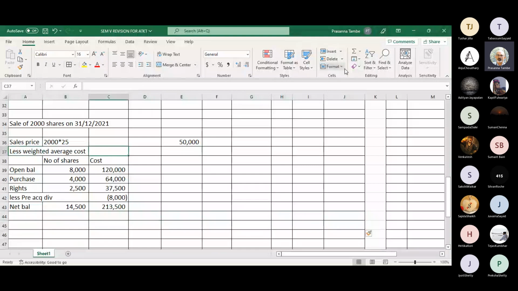Your calculation will be 2,13,500 divided by total number of shares, 14,500, multiplied by 2,000. 2,13,500 is the total cost of investment, divided by 14,500, which is the number of securities in hand, and multiplied by 2,000, which is the number of securities sold. Accordingly, we can find out the weighted average cost.